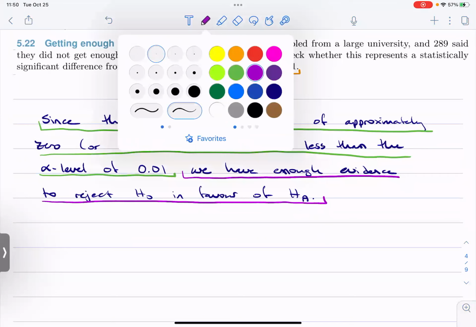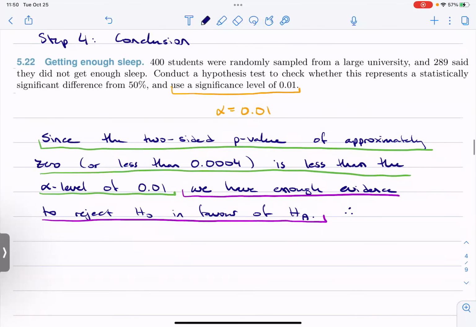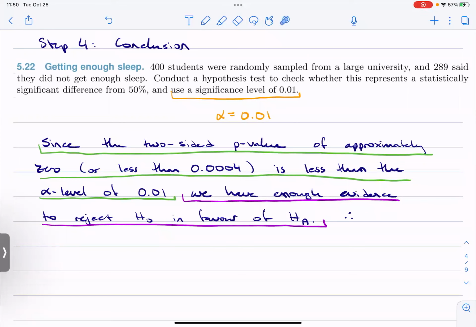Okay, so I'm just going to go for it and say, therefore, there is a statistically significant difference from 50% in what? In the proportion of students, or the population proportion of students who say they did not get enough sleep.